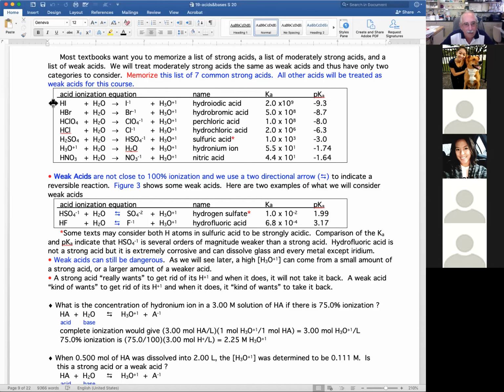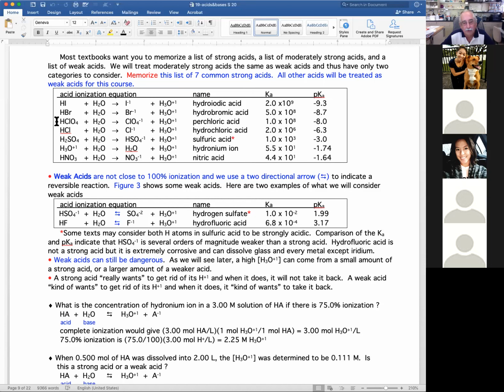So a lot of these you kind of know already. The first one is Hawaii. Oh, no, that's hydroiodic acid. And then hydrobromic acid. And then I put them in order of decreasing strengths. And this one is called perchloric acid.